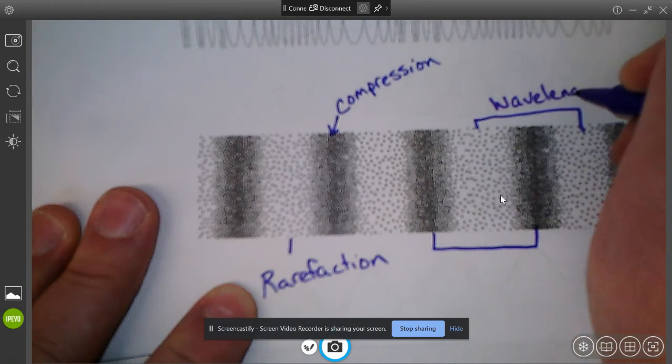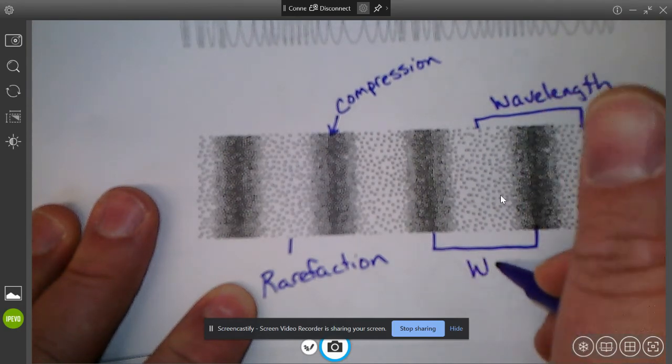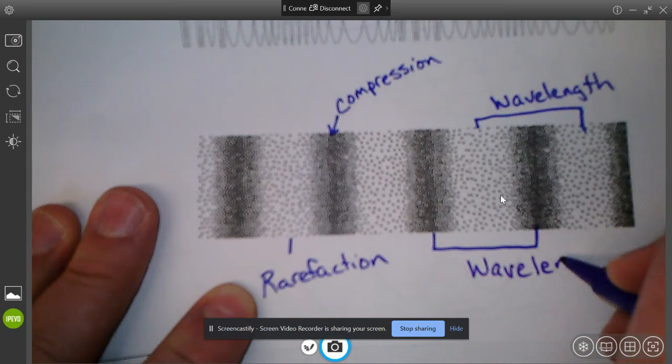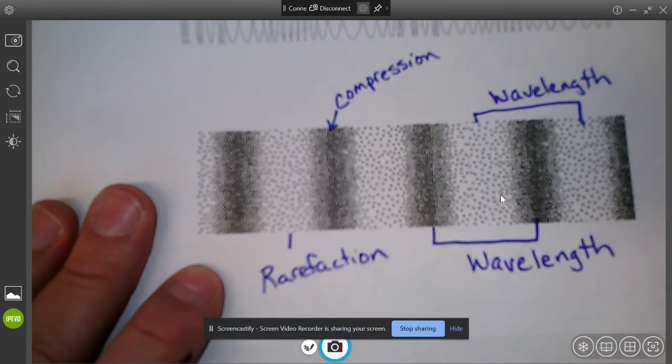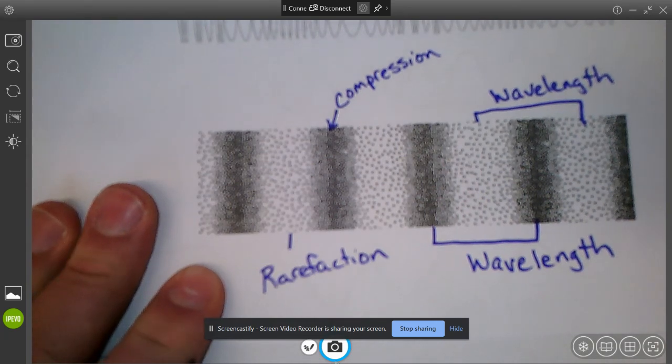We're not worried about amplitude for this one. In a sound wave, the amplitude or the height affects the volume, how loud it is. And I'm going to leave that up there, but at this point, you should have all the information you need to complete the worksheets.